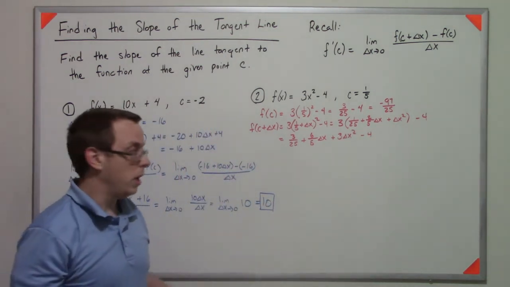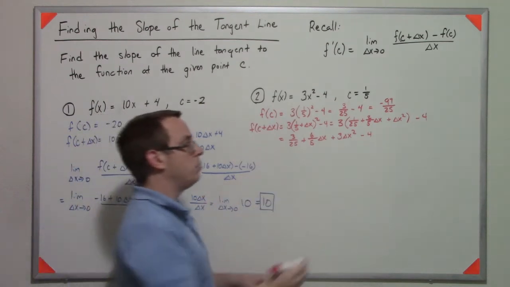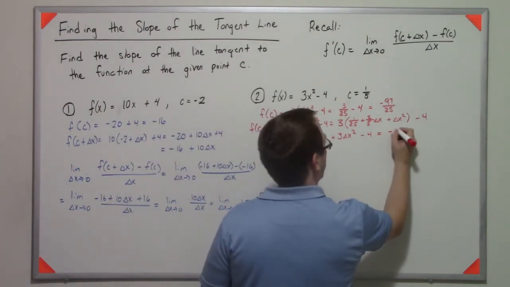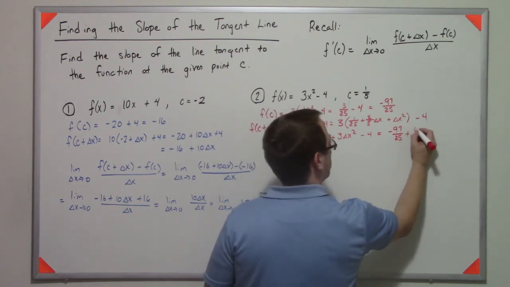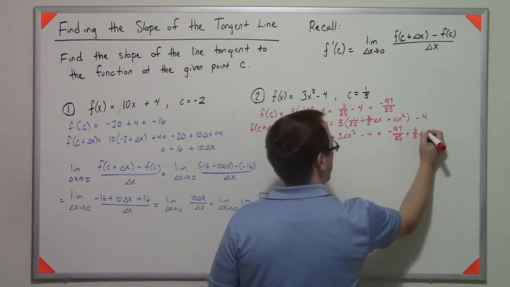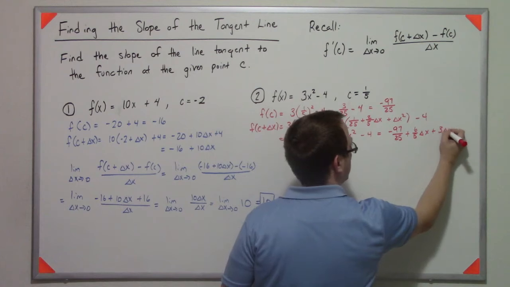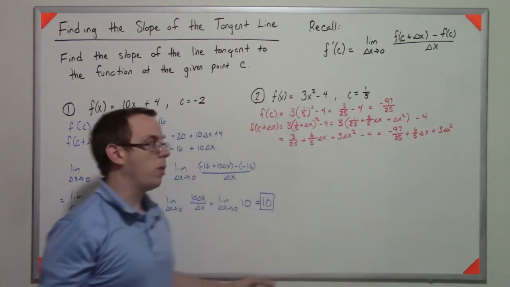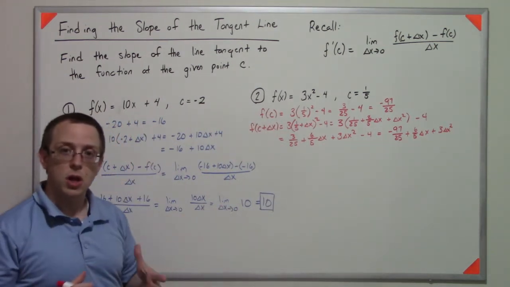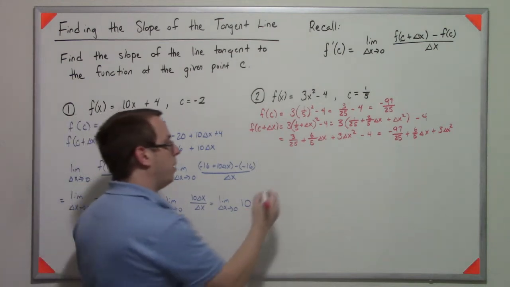So there's a lot of work here. And then we can simplify that to negative 97 25ths plus 6 fifths delta x plus 3 delta x squared. There's a lot of work there, but now we can fill out the limit.